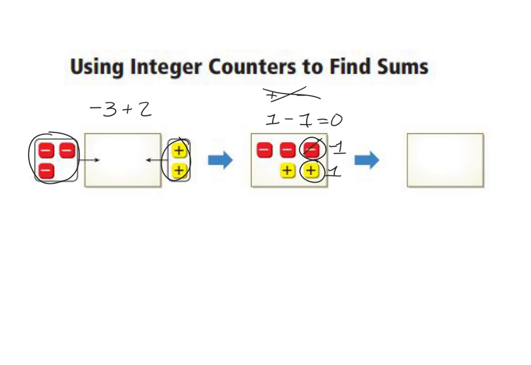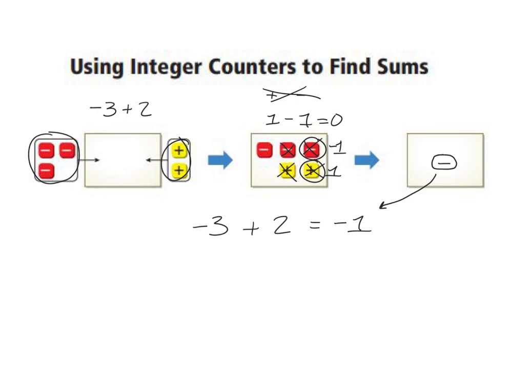So I'm going to cross out every single zero pair I have, and we'll talk about that more later. I see a minus and a plus right here, and what does that leave me with? It simply leaves me with 1 negative. So to summarize, if I were to add -3 and 2 together, my answer is just that, -1.